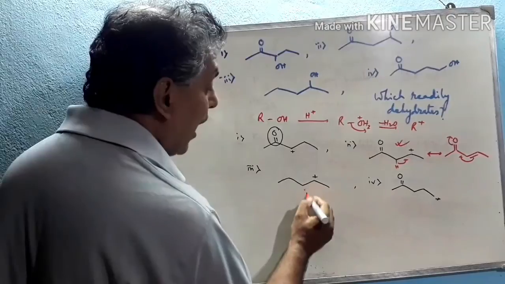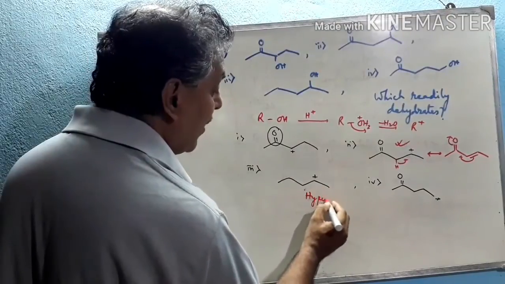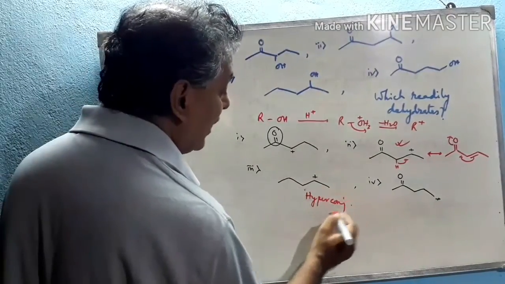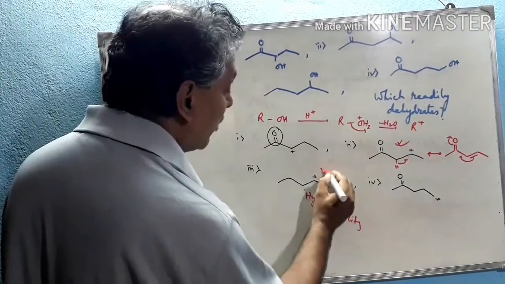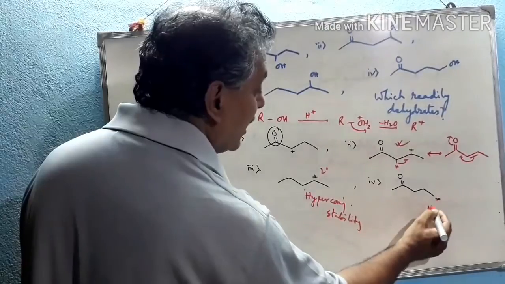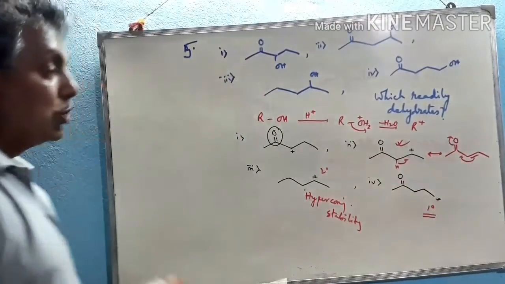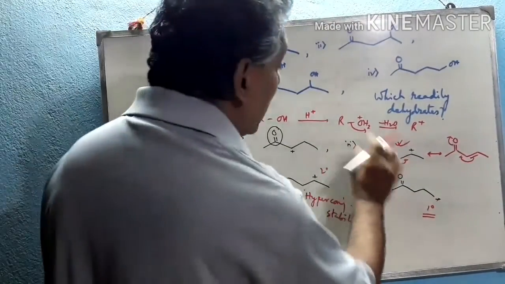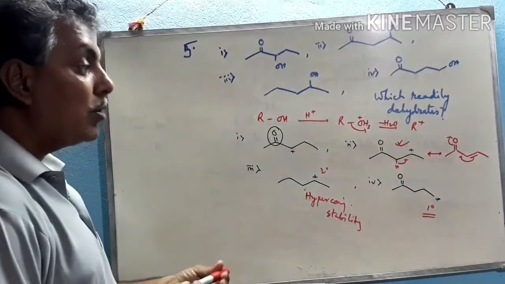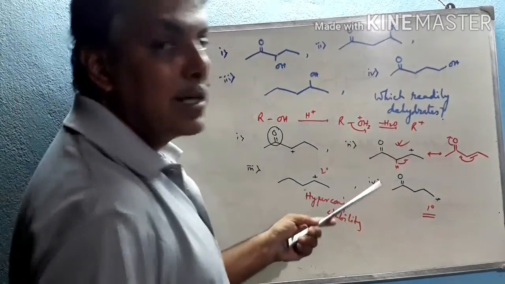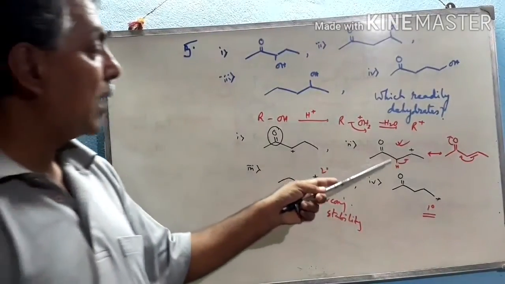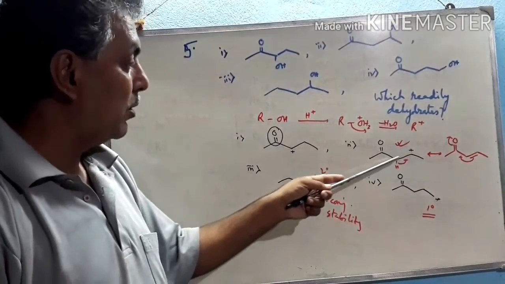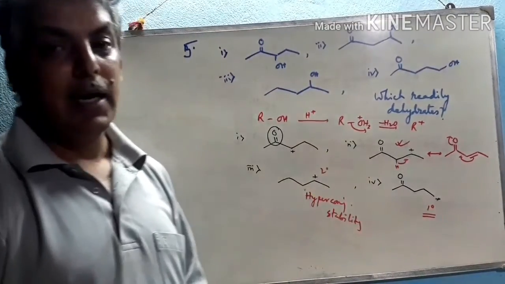But this one has only hyperconjugational stability, due to being a 2 degree carbocation. But this carbocation is 1 degree. This is the least stable. So among these 4 structures, number 2 is the most stable carbocation, and hence it dehydrates most readily. Through the formation of the most stable carbocation, it dehydrates readily.